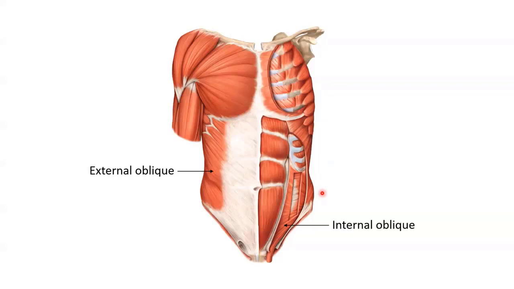The internal obliques then sit directly underneath the external obliques, and the muscle fibers of this muscle run in the opposite direction to our external obliques. So where the muscle fibers of the external obliques run from the ribs diagonally towards the pelvis, the muscle fibers of the internal obliques originate from the pelvis on the iliac crest and also the inguinal ligament.